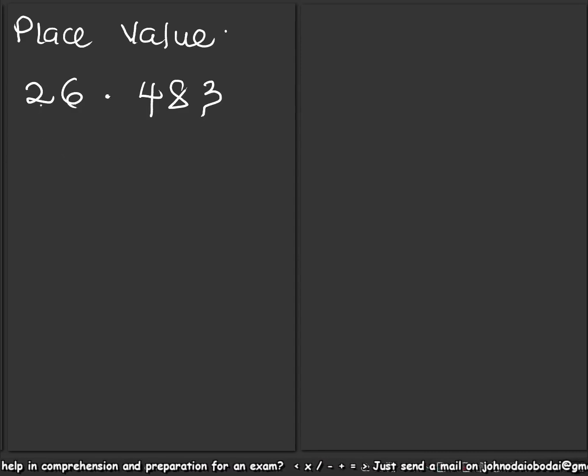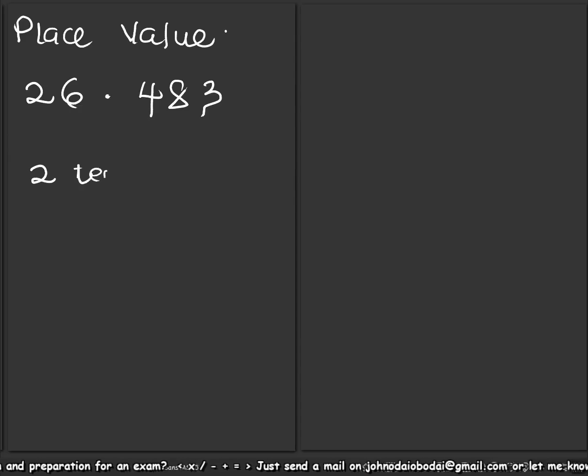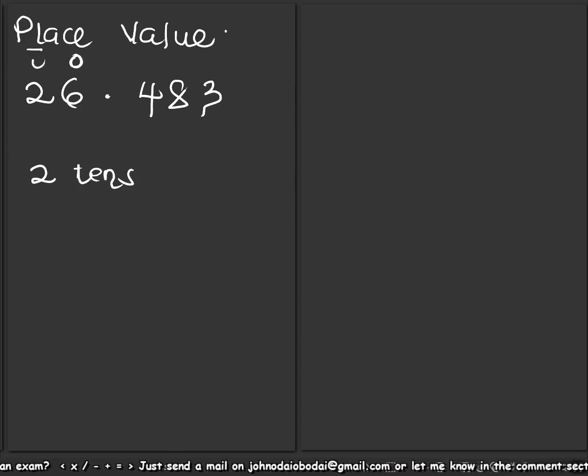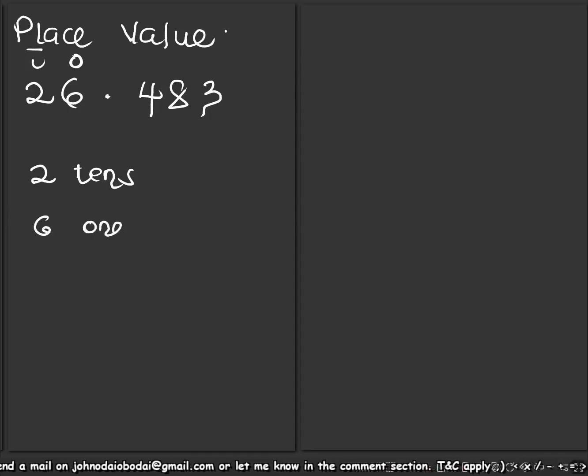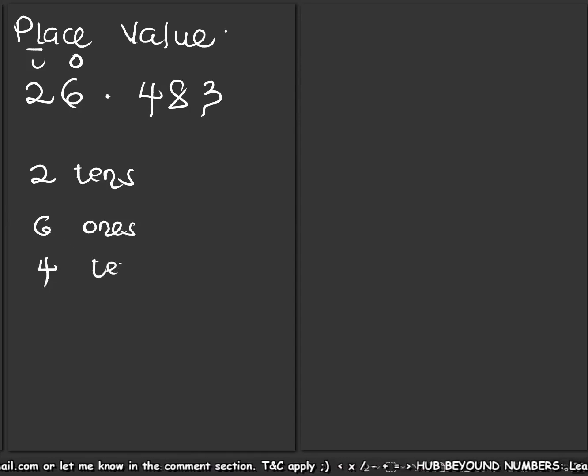So the whole number aspect simply means we have two of the tens. We have ones, then followed by tens, hundreds, in that order. So there are two of the tens, but for ones, we have 6 ones. Then our decimal point comes in, followed by 4 tenths.